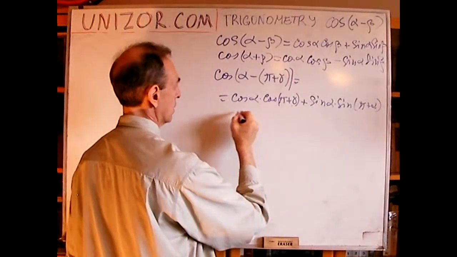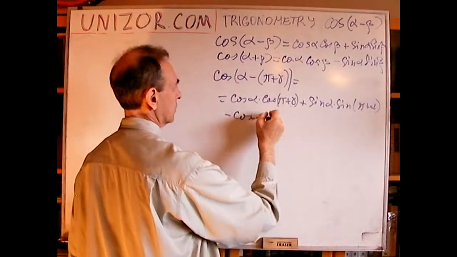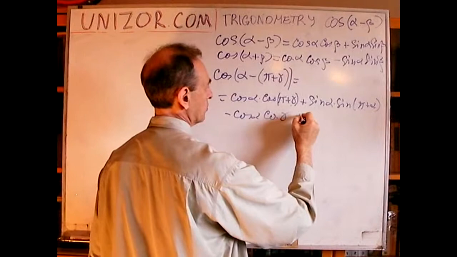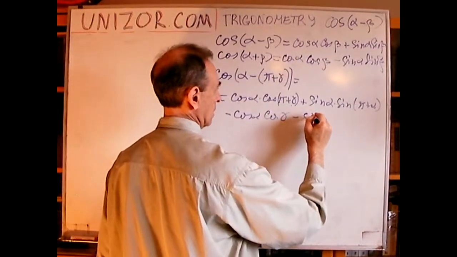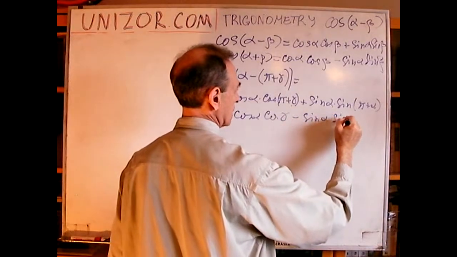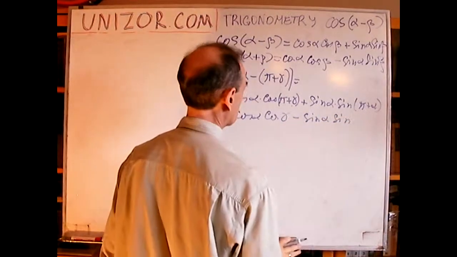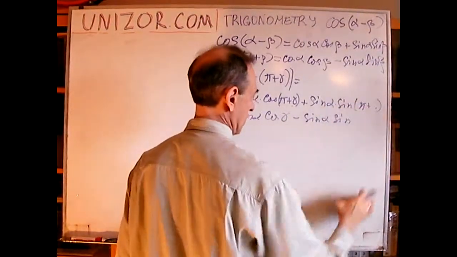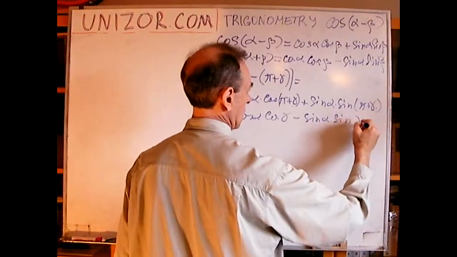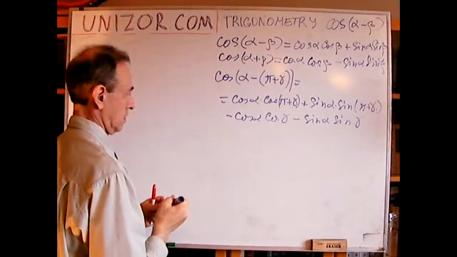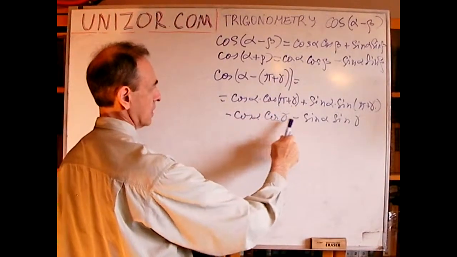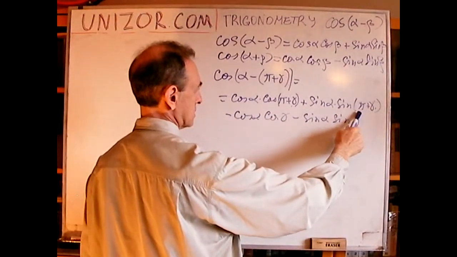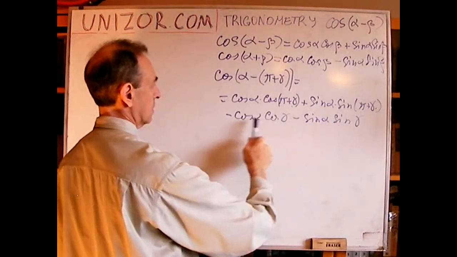So it's basically minus cosine alpha cosine gamma plus minus sine alpha sine gamma, because cosine of pi plus gamma is equal to minus cosine gamma, and sine of pi plus gamma is minus sine of gamma.